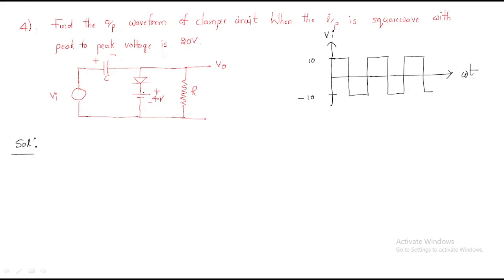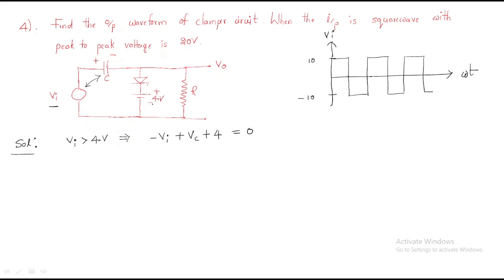For that purpose, whenever the capacitor is connected in series to the source, that is the clamper circuit, the first case. Second case, first you need to find out the voltage across the capacitor. Then we will find out the output waveform. So for diode on, whenever the input voltage is more than 4 volts, because here it is 4, it must be more than 4, then we can write the loop equation: minus 5 plus Vc plus 4 equals 0.